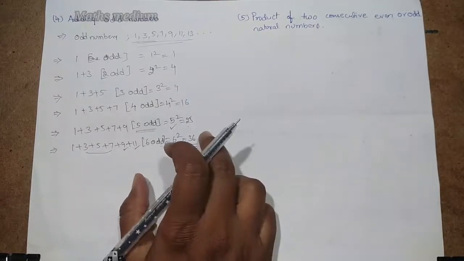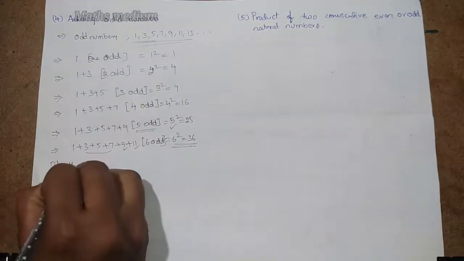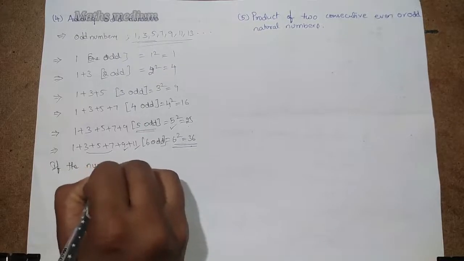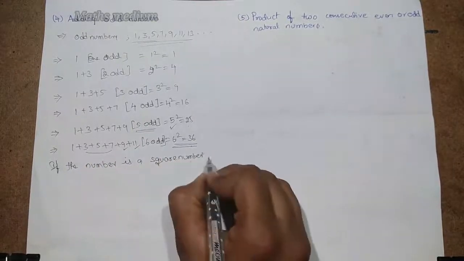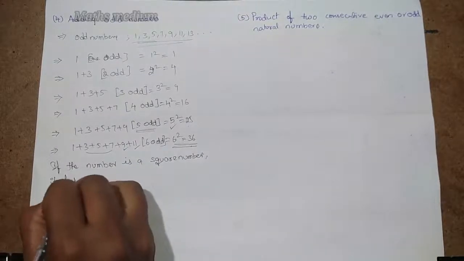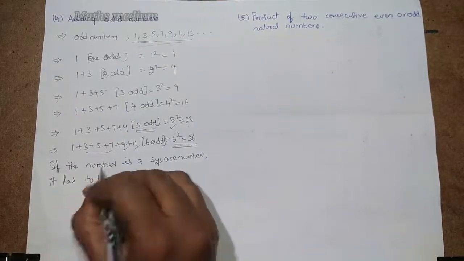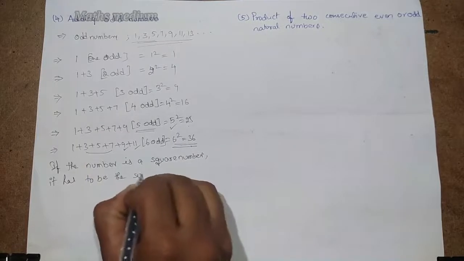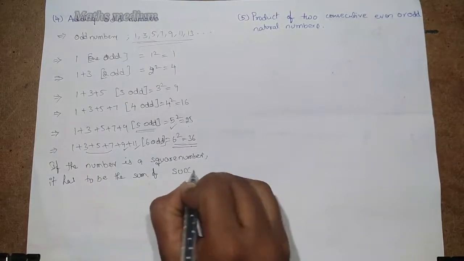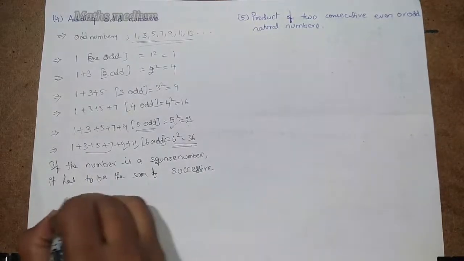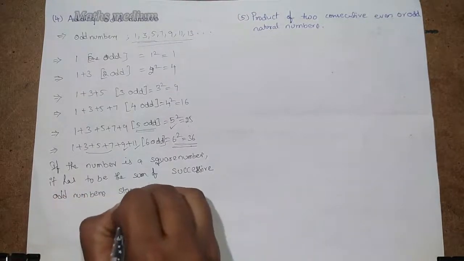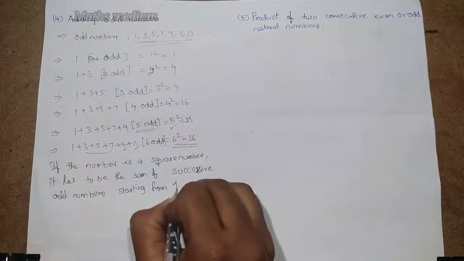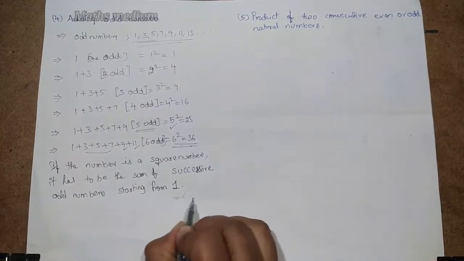How can we write it? If a number is a square number, it has to be the sum of successive odd numbers starting from 1. This is the property of adding odd numbers.